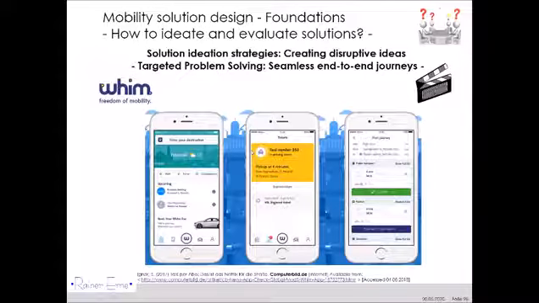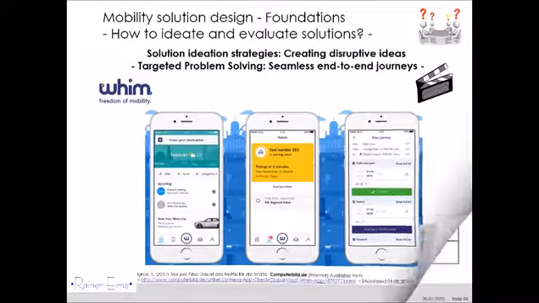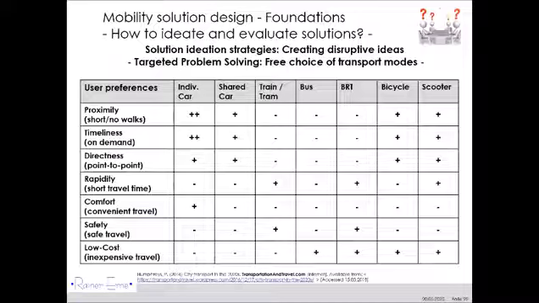Okay, and what this video showed was basically the front end of a mobility as a service platform to the user. In the back end, you have to choose what kind of vehicle modes you want to integrate and are able to integrate.